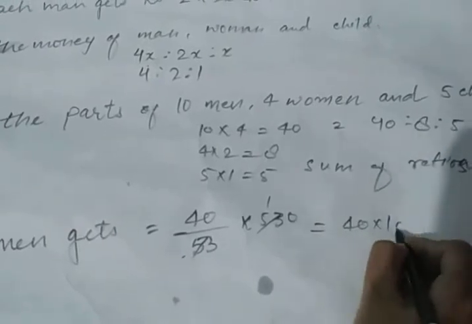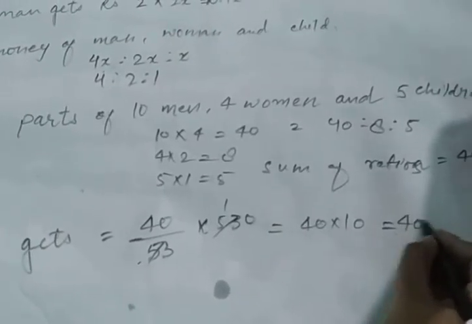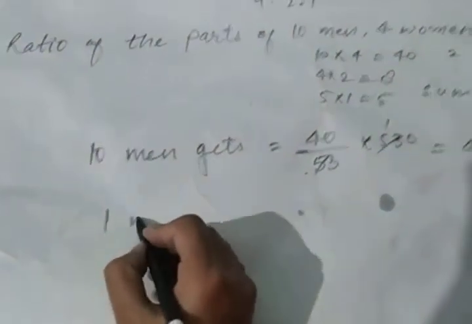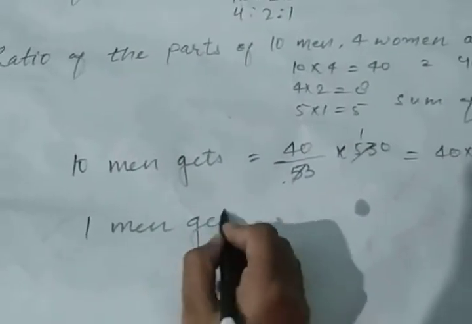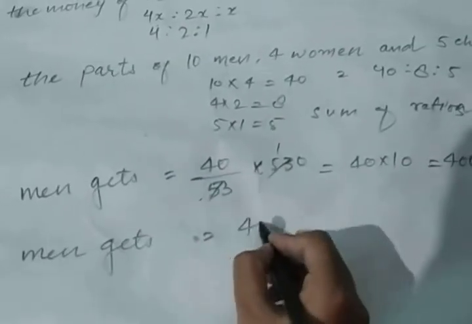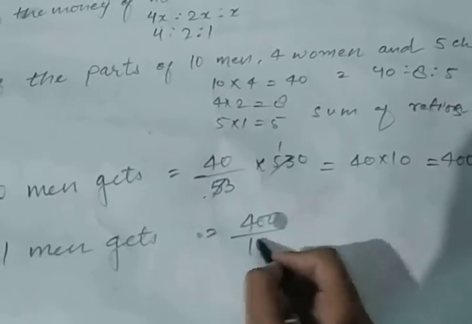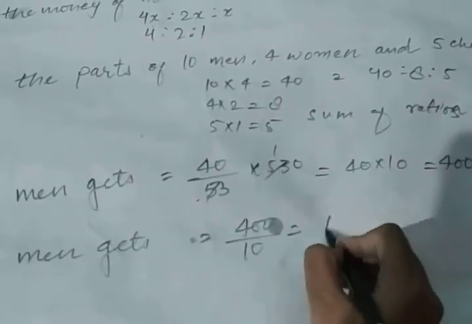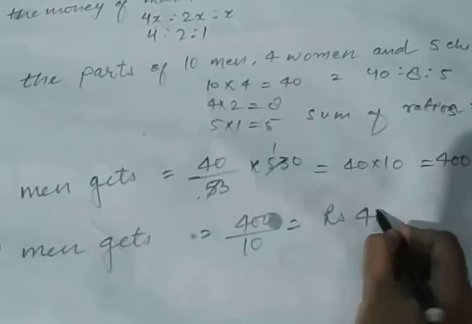So 40 upon 53 into 530, that is 40 into 10, which is 400. So 10 men get 400 rupees. One man gets 400 upon 10, that is 40 rupees.